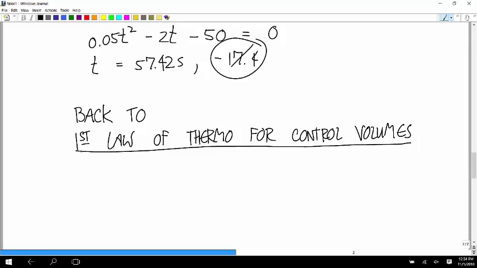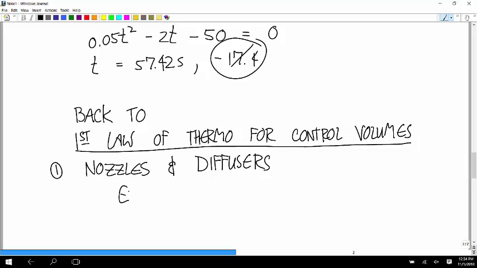We've done nozzles and diffusers. And the overall story of nozzles and diffusers is that you're exchanging enthalpy for speed.